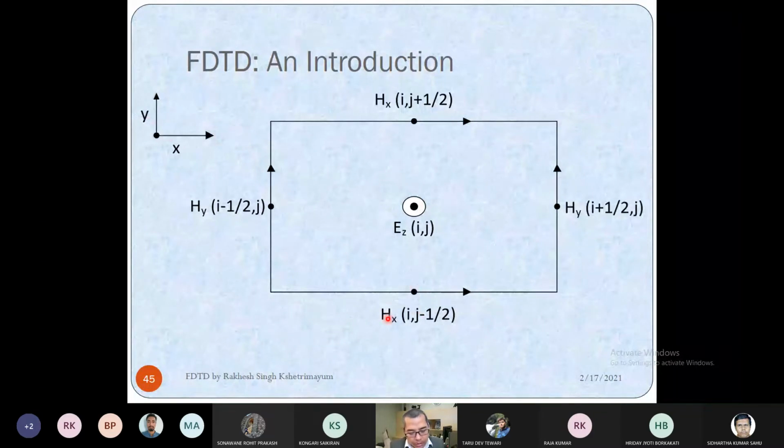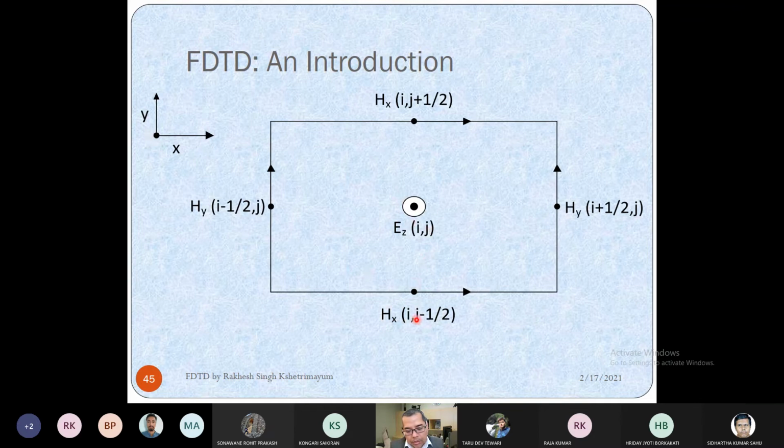So this is your x direction, the vector which is pointing along the x direction. And when I move a distance down here, y has been changed. So y will become j minus half delta y. So i still remains the same. We are at the same location along the x-axis. Only the y is changed.